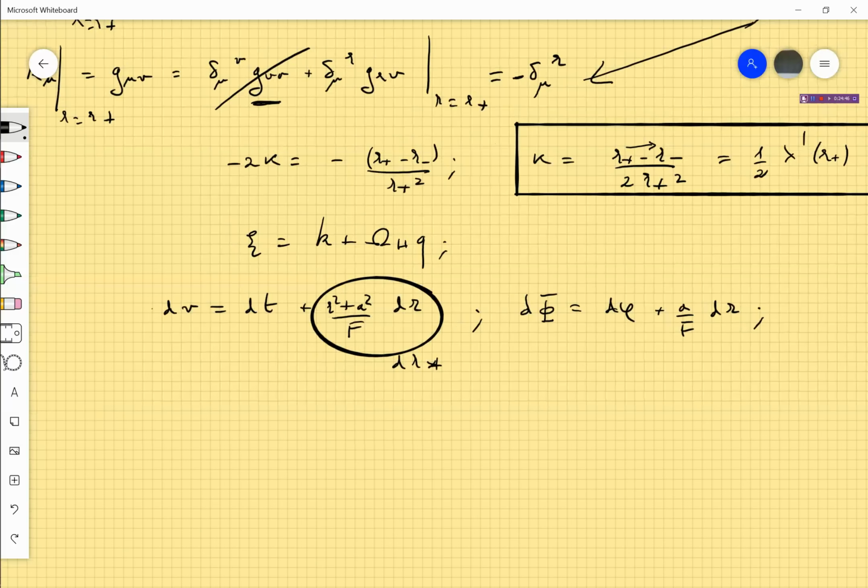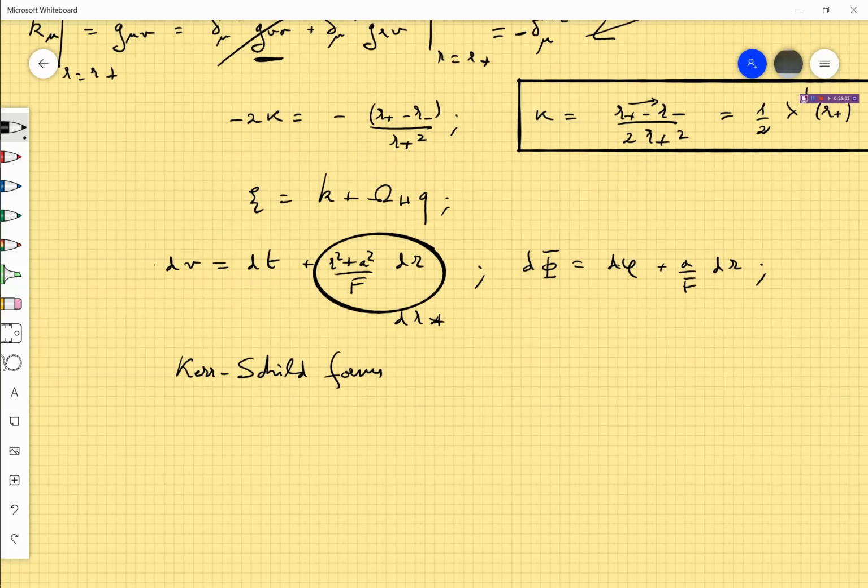These new coordinates are Kerr, well, or the metric, the Kerr metric is said to be in the Kerr-Schild form when you rewrite it in these coordinates. So the property of these coordinates is that when you set a going to 0, well, you recover the Schwarzschild metric, but in Eddington-Finkelstein coordinates.